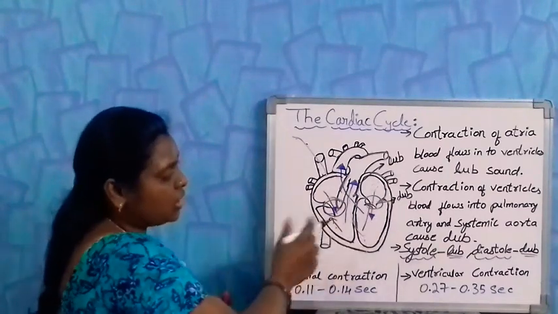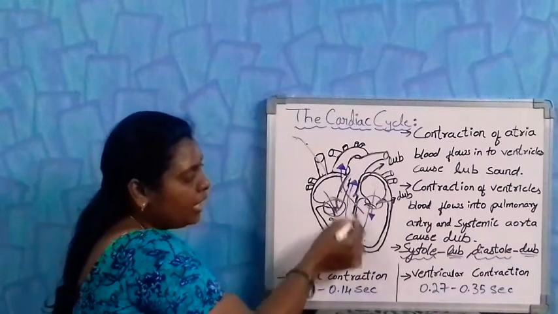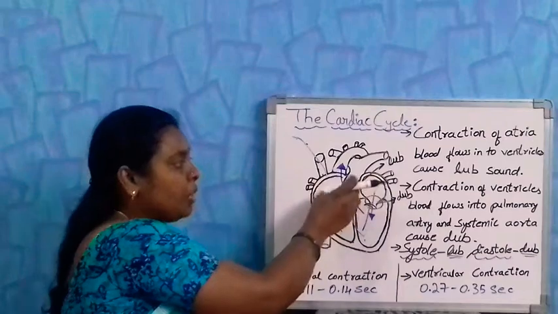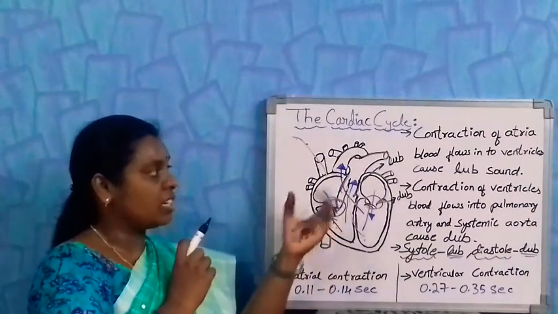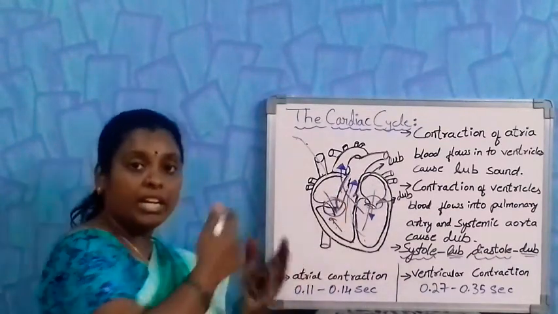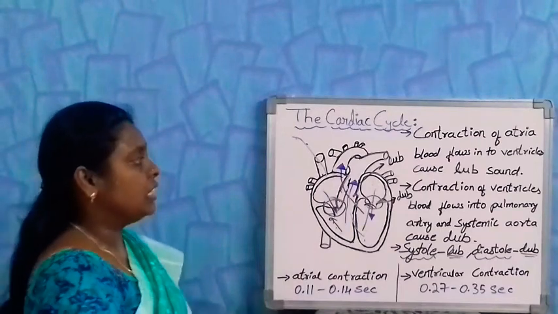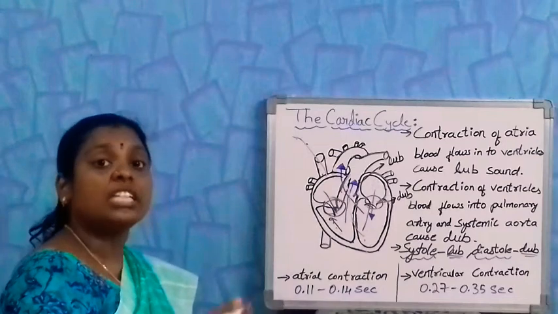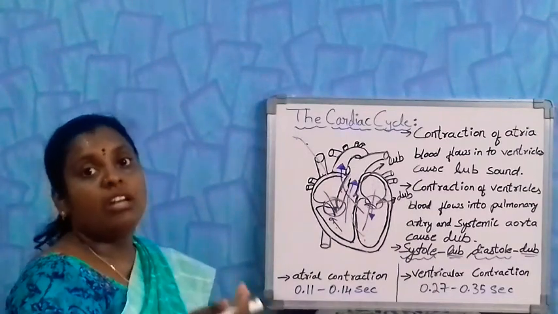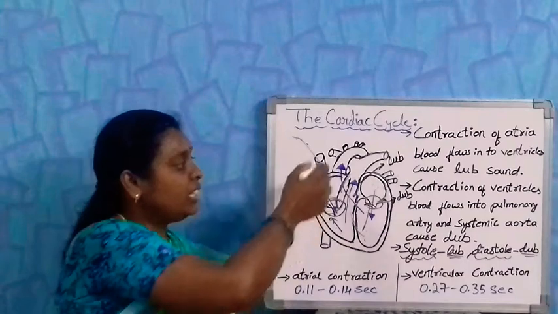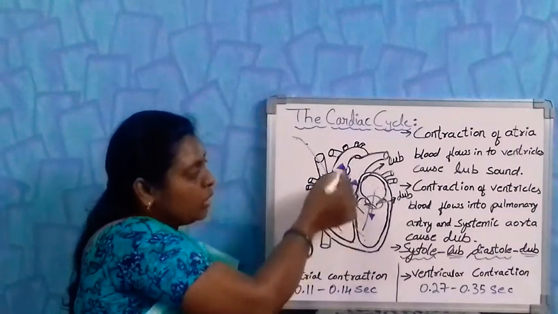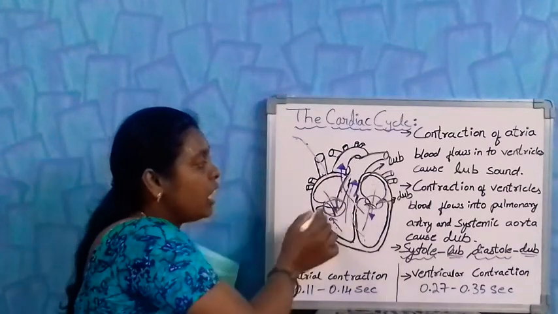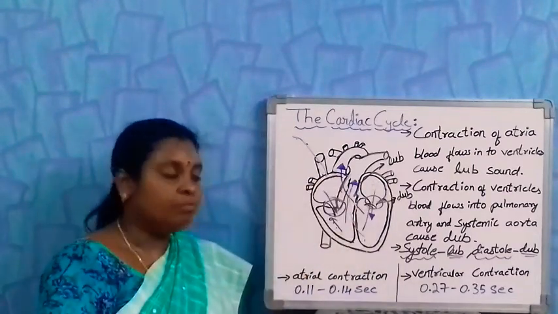Again, during the contraction, the blood may flow back into the ventricles. So the valves present in the systemic aorta and pulmonary artery, the systemic valve and pulmonary valve, help to prevent this backward flow into the ventricles again. In this way, these valves are helpful to prevent the backward flow.